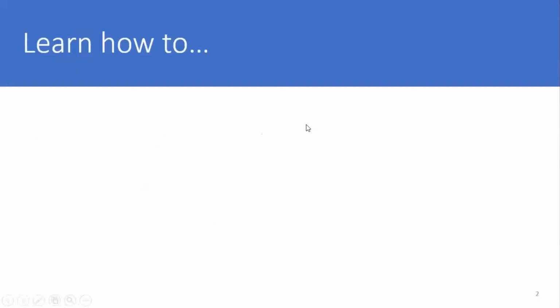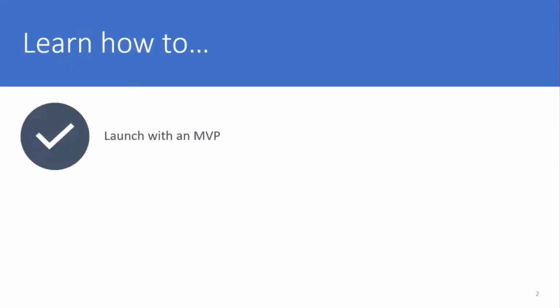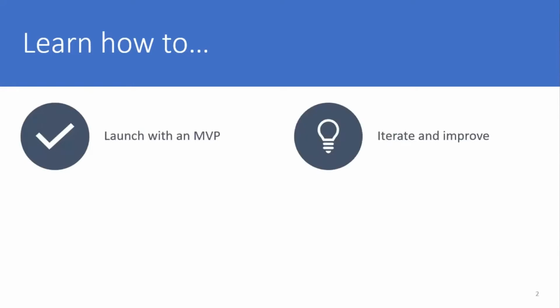And in that process, hopefully, we will all learn how to launch a feature or a product with an MVP, how to iterate and improve it, how to grow adoption of that feature. So the product manager's job, remember, is business as well. It's not just technology and UX. So it's not that the product manager can go and report that, hey, you asked me to build something, I built it, and now nobody's using it, but I don't care.